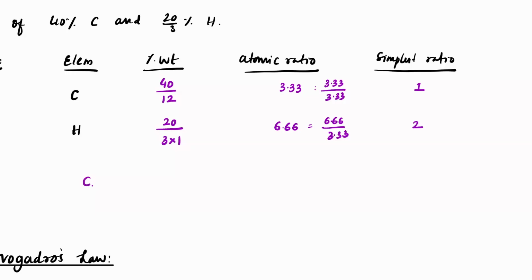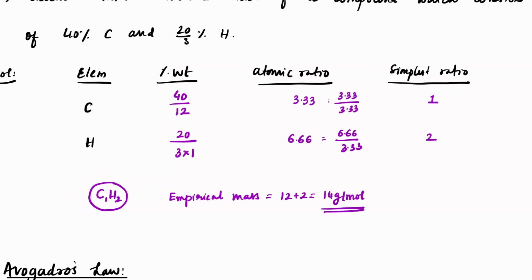So C1H2 is the lowest or minimum molar mass which you can have, which is also called empirical mass. So empirical mass is 12 plus 2, which is 14 grams. Done?